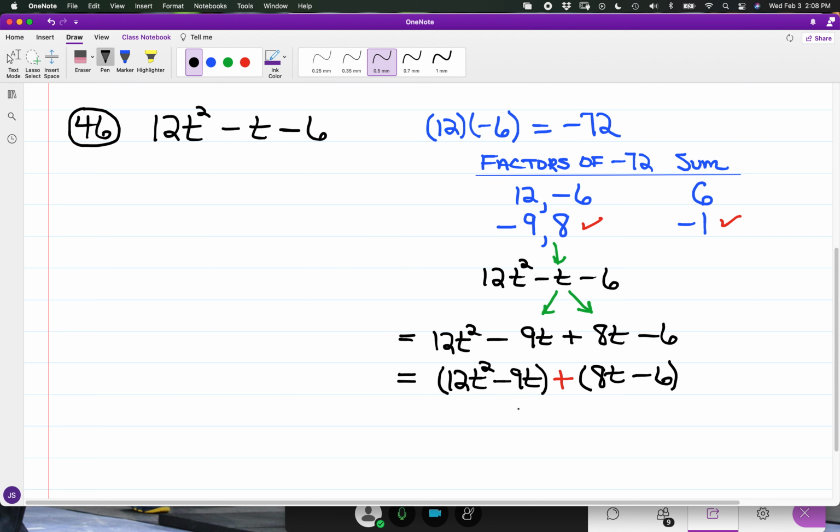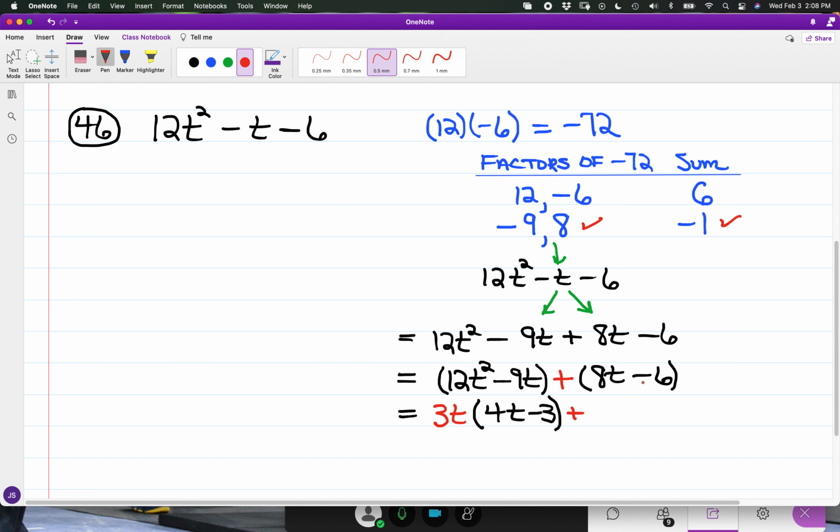And so looking at drawing out the greatest common factors, with 12t squared minus 9t, both of these terms have the letter t, and the highest number that will go into 12 and negative 9 will be 3. So the greatest common factor will be 3t, and taking this into 12t squared minus 9t, we have 4t minus 3, and bringing down the addition.